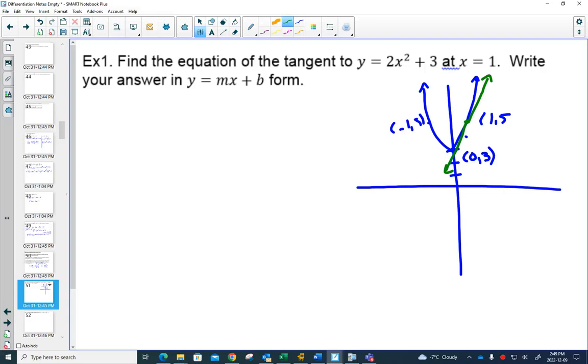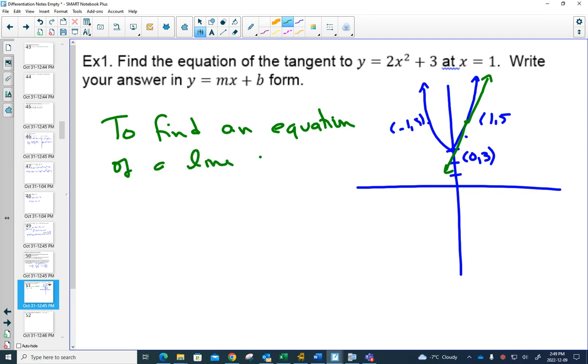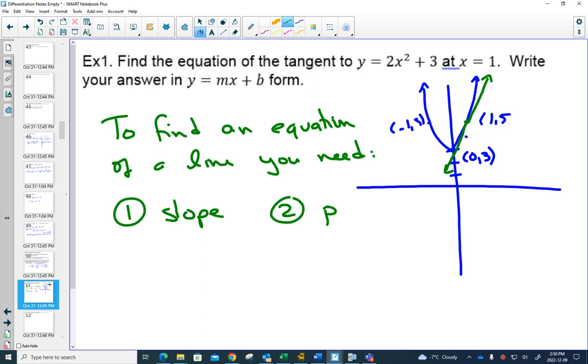Well, this is something straight from grade 10. There are two things that you need to find an equation of a line. You need the slope, and you need a point.